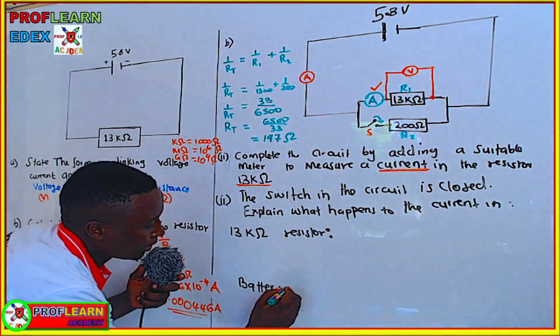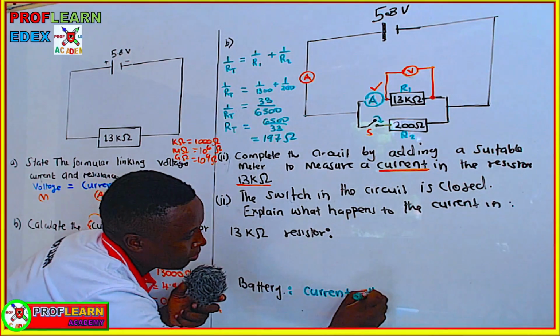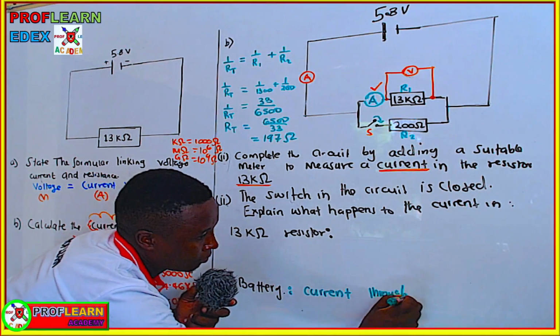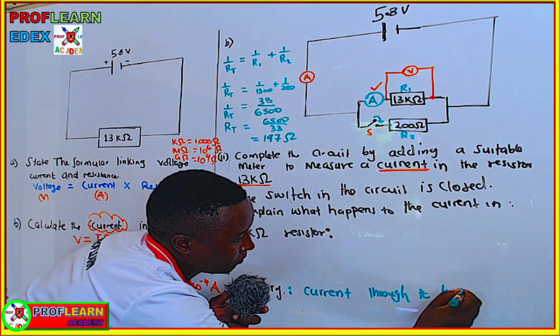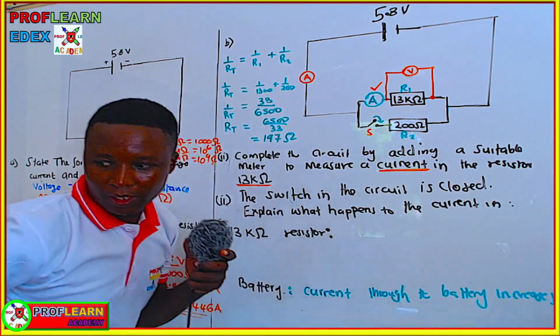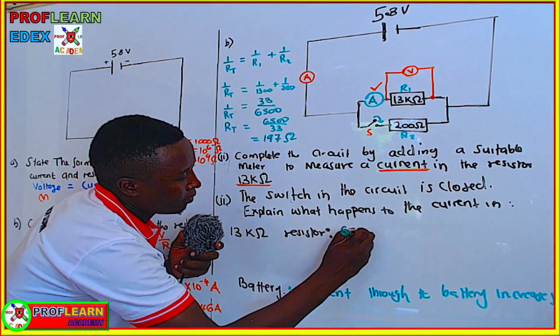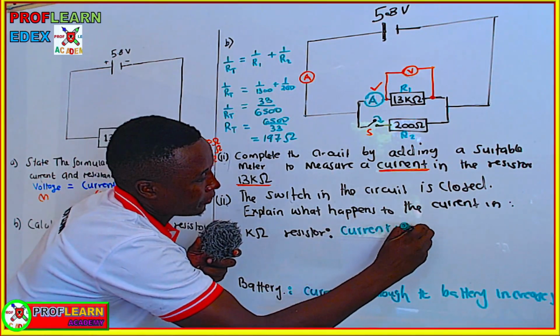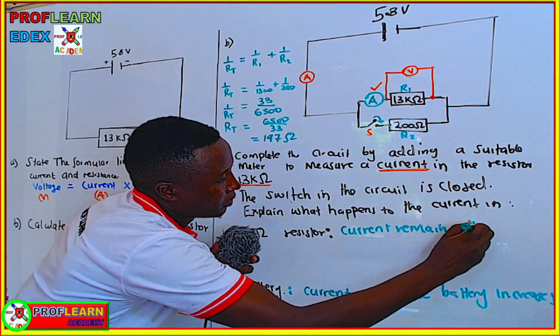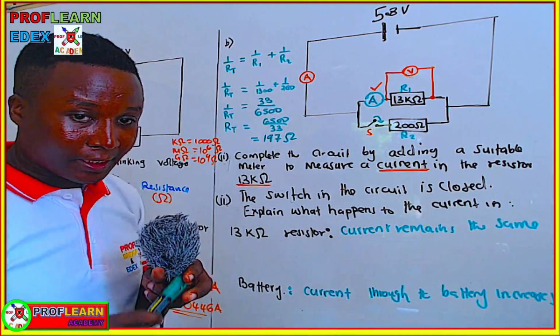So we're going to say the current through the battery increases, but here the current remains the same.